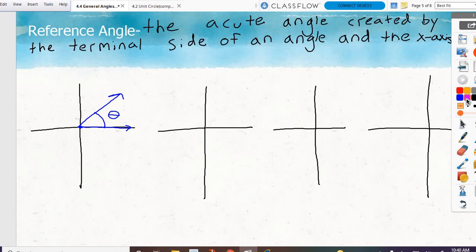Well, it has to be the terminal side and the x-axis, so it can't be that part. It can't be the rest of it because that wouldn't be acute, right? So, is this already to my x-axis? Is it already an acute angle? Yeah, so my theta here equals my theta prime. So when you're in your first quadrant, your reference angle is just whatever angle you already have.